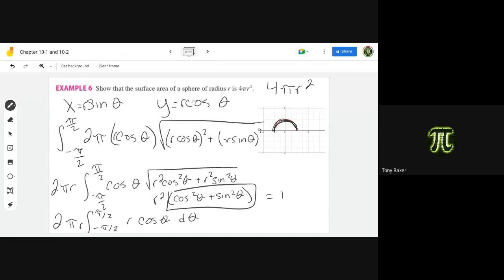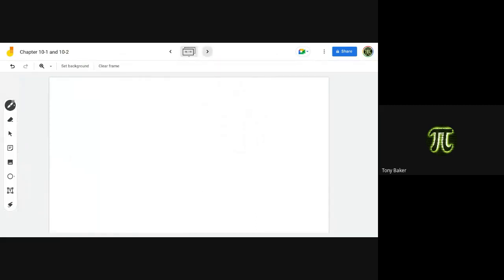All right, so I have 2 pi r, negative pi over 2 to pi over 2, r cosine theta d theta. I can pull out the other r.